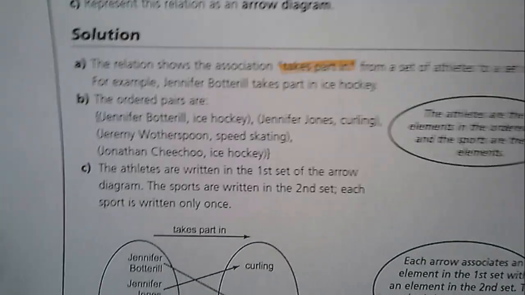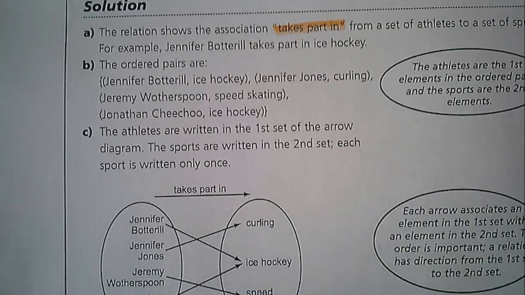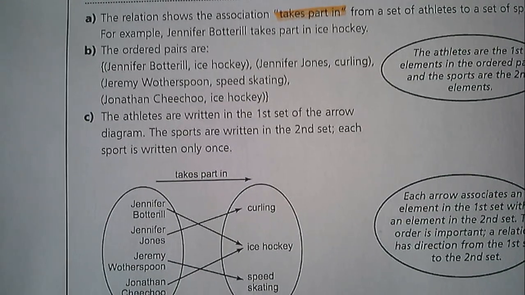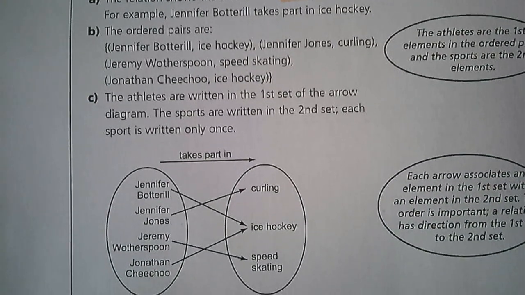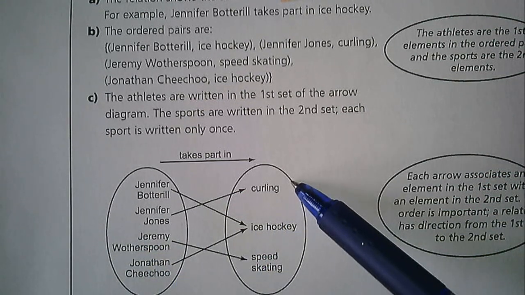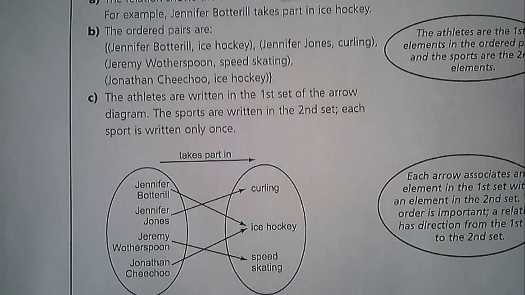Another way that we can represent this is by using something called an arrow diagram. In our arrow diagram, we can use ovals, circles, or a big rectangle, whatever works best for you to write these down in. We're going to write all of the things in our first set on the left-hand side, and then everything for our second set on the right-hand side.